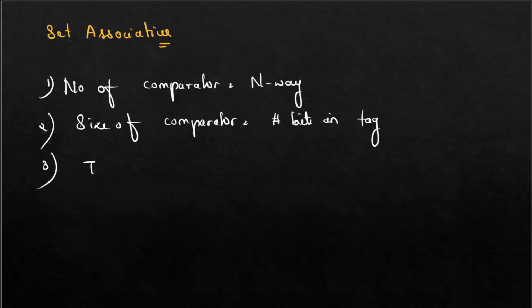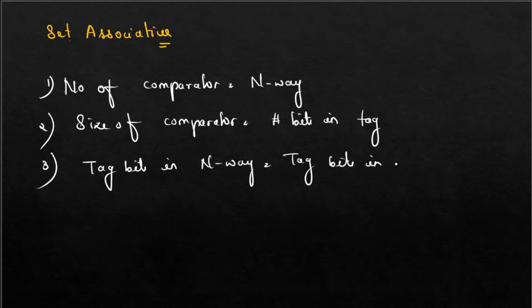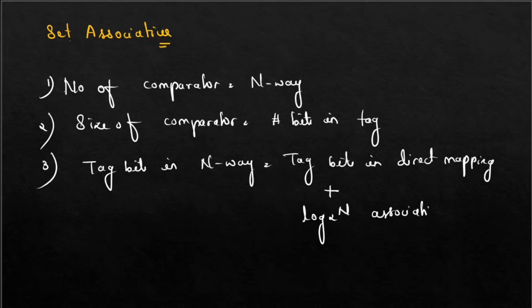Third is tag bits in n way equals tag bits in direct mapping plus log 2n associative. Okay, so this is for set associative.